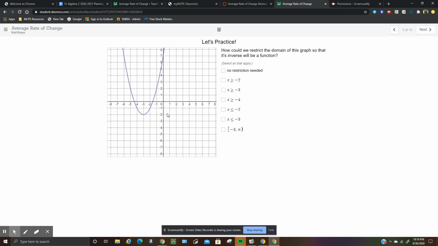I can't draw on there, but this point is (-3, -2). So you can do x less than or equal to -3 or greater than or equal to -3.